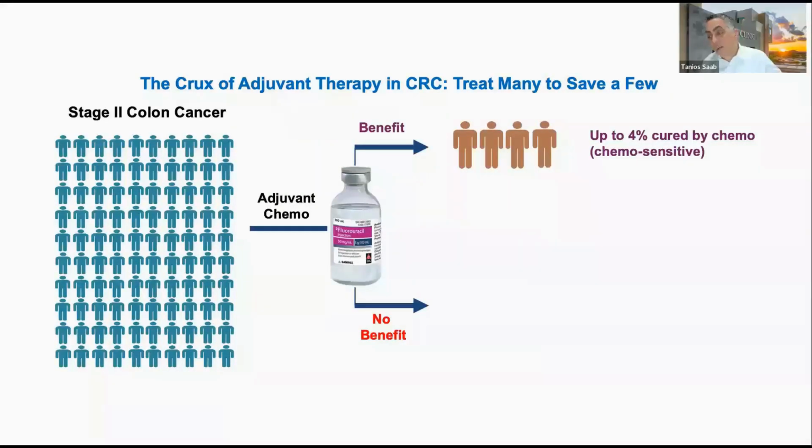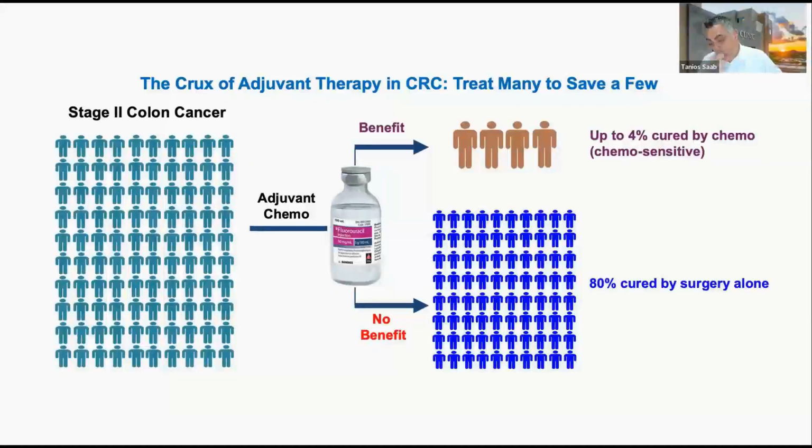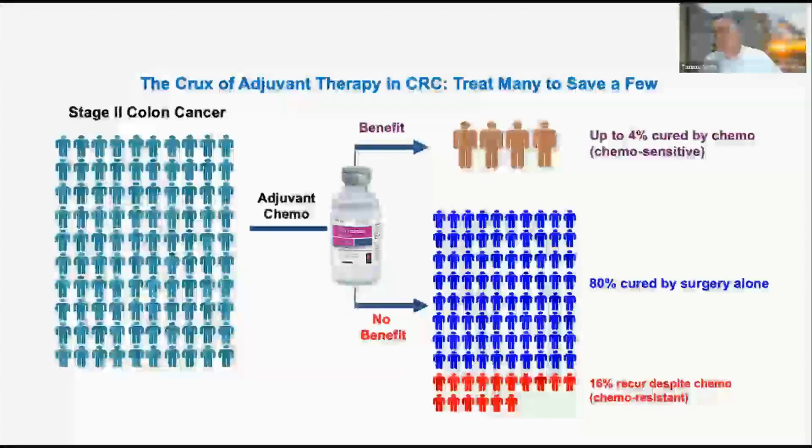You have to treat 100 patients to benefit 4. And so you essentially expose 100 patients to the toxicity of the chemo, where 80% will be cured by surgery, will never need any chemotherapy in their lifetime, and then 4 out of the 100 will, and unfortunately another 16% will be chemo resistant anyways.